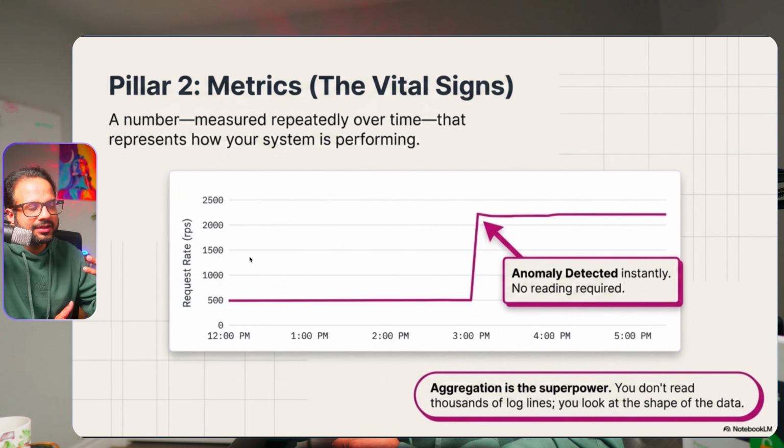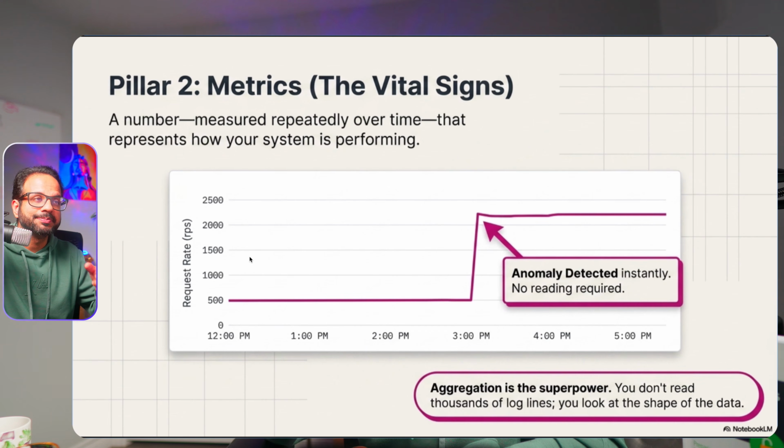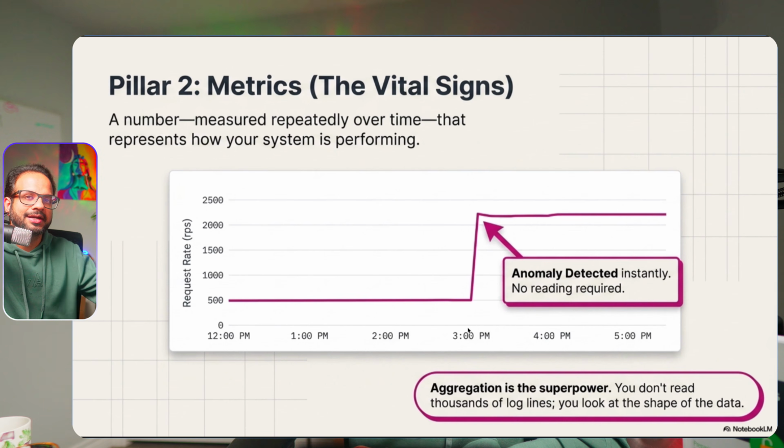Now, the second pillar, which was metrics, which we looked at with the vital sign analogy. What that is, it's a number that is measured repeatedly over time. It's stored in a time series database that represents how your system is performing. So let's say your users were complaining about a slow response time, right? So you go and check at what time it started happening exactly, and then you will know what happened at that time.